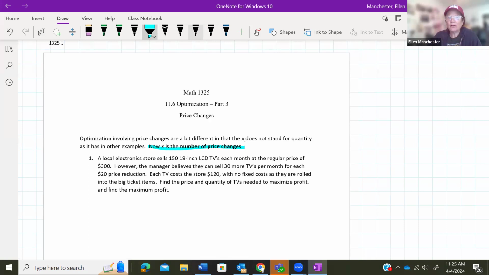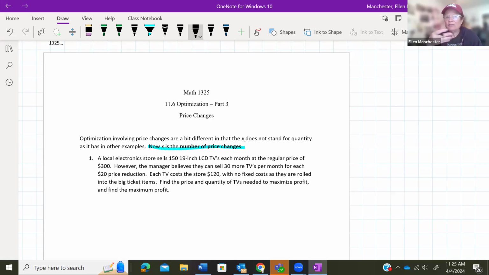Before, when we were doing length and width, we had the L, we had the W, we knew what that meant. In revenue and profit, the X represents the number of products. In the volume ones, we have our length, width, and height, so we know what variables those are.